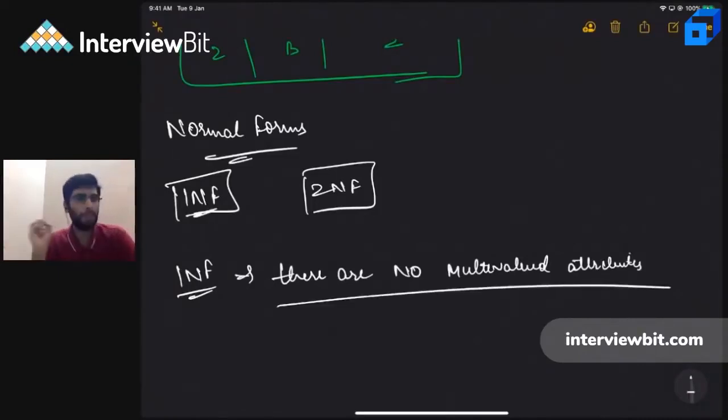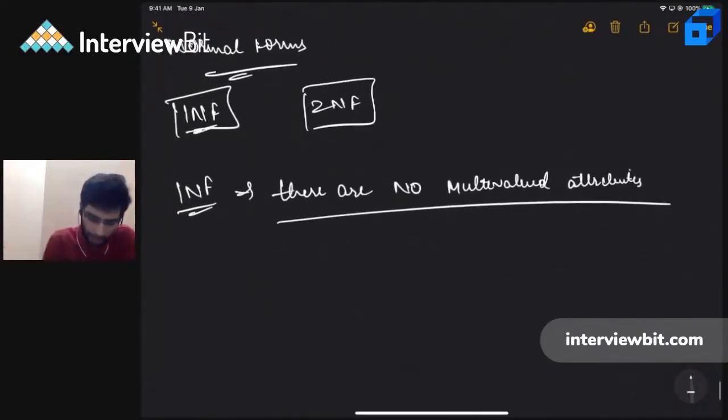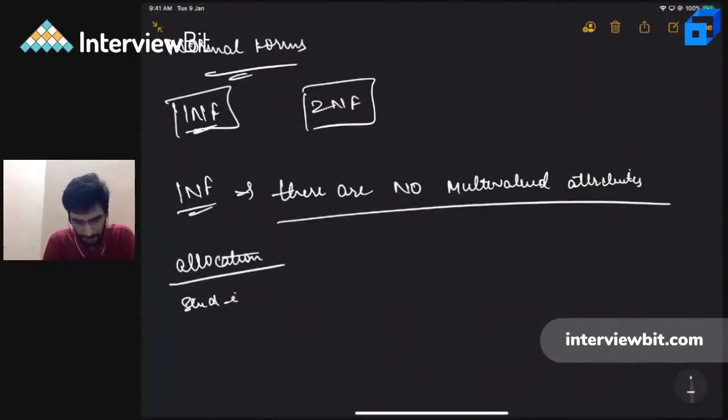What do we mean by no multi-valued attributes? Suppose you have a library management system, and in it you store which books have been allocated to a particular student. So you have an allocation table in which you have a student ID and a list of books.